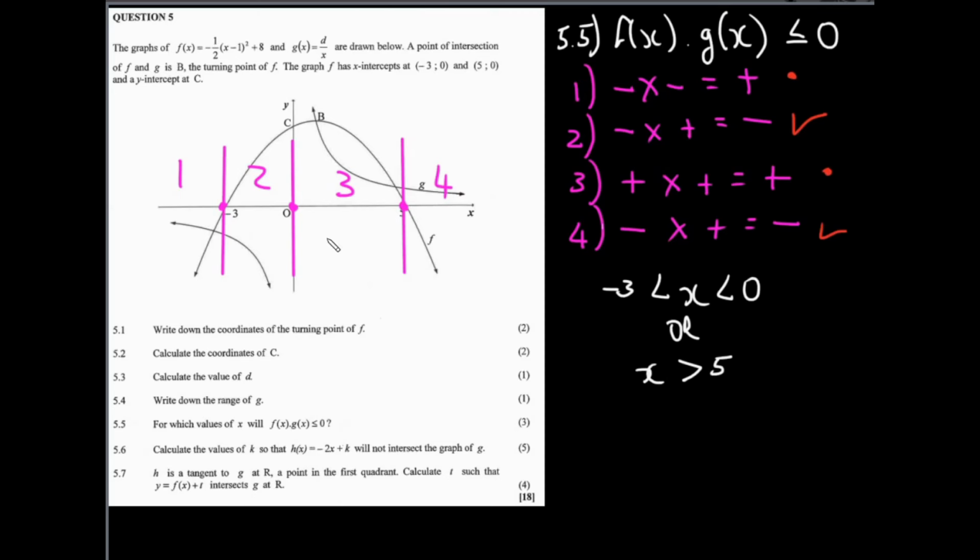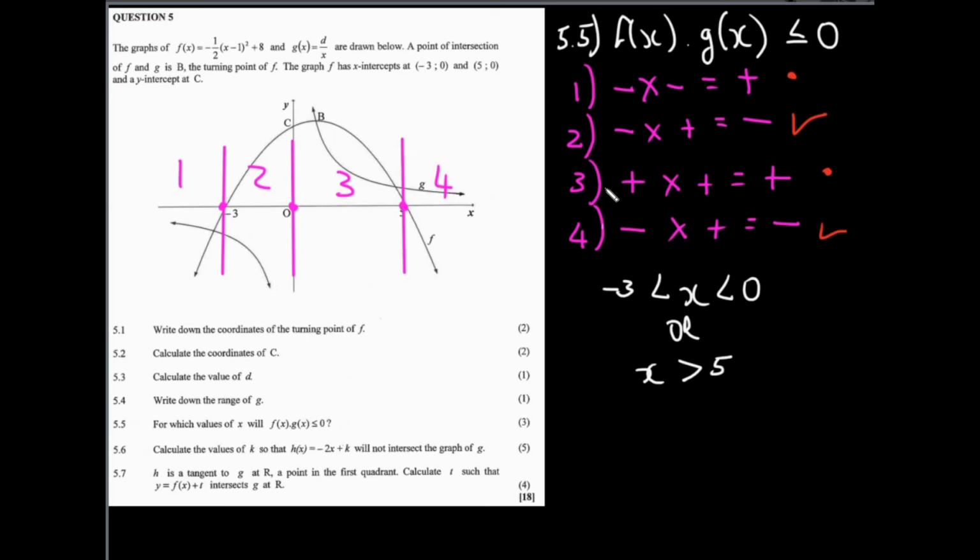If I look at section 1, the parabola is negative and the hyperbola is negative. A negative times a negative is a positive. Then I look at section 2, which is between -3 and 0. And here I say the parabola is positive, but the hyperbola is negative. A negative times a positive is a negative.